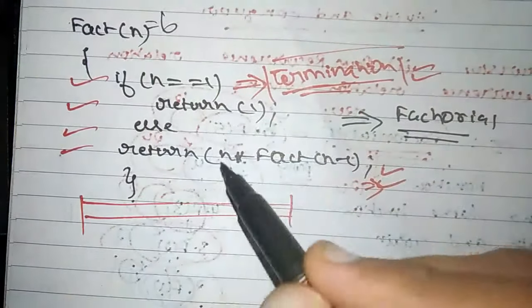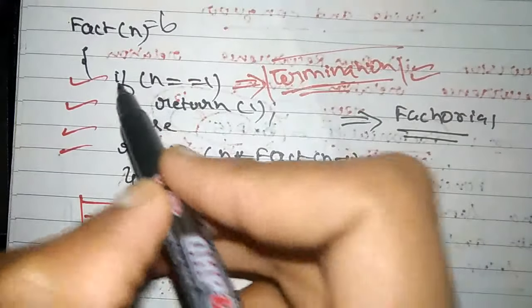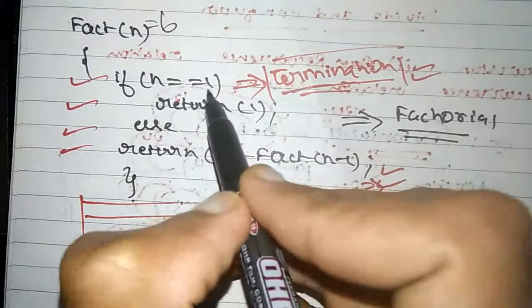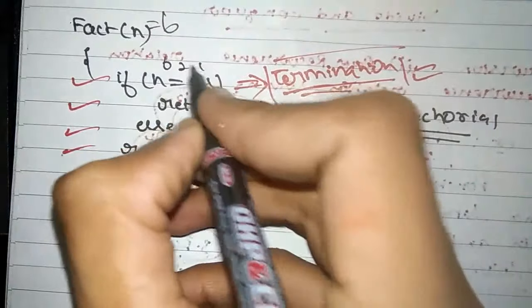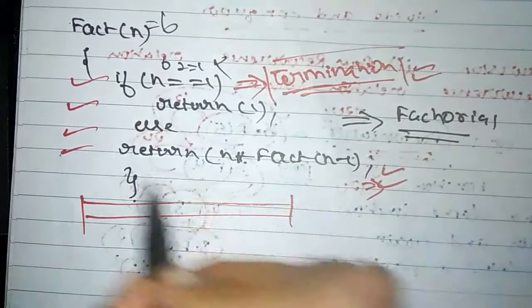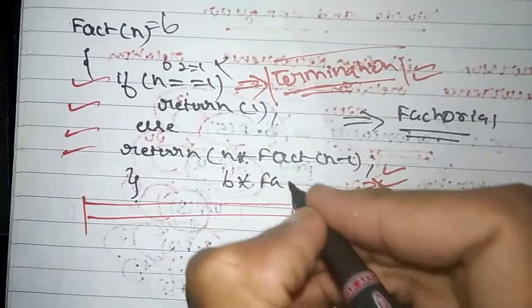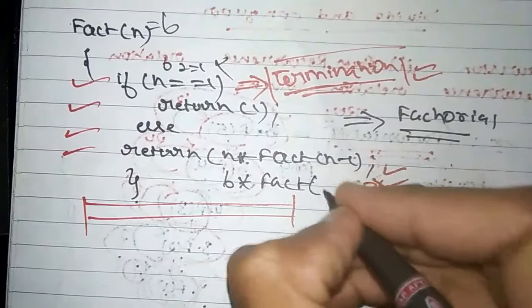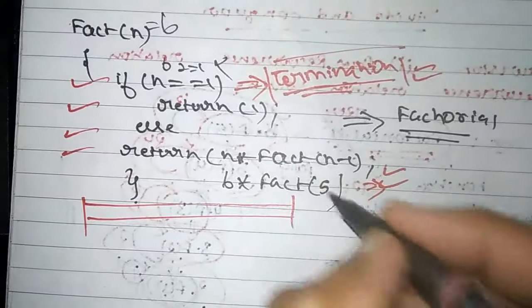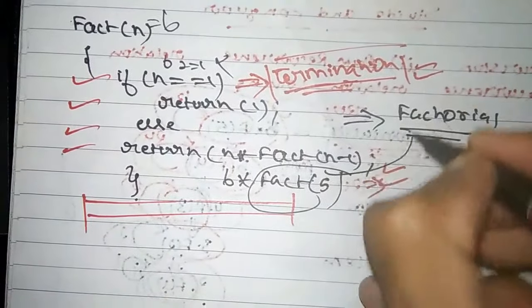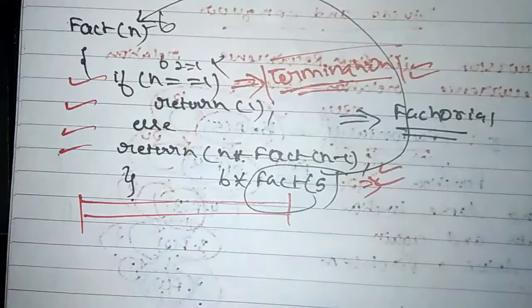Let me just run this program. Is n equal to 1? n equal to 1 means 6 equal to 1. Condition fails. Come to the else part. 6 into factorial of n minus 1, which means 5. This will call this function, right?